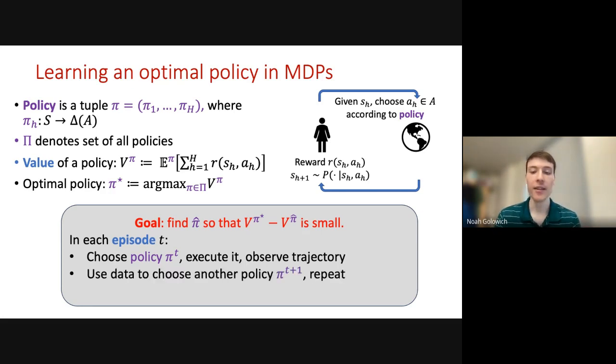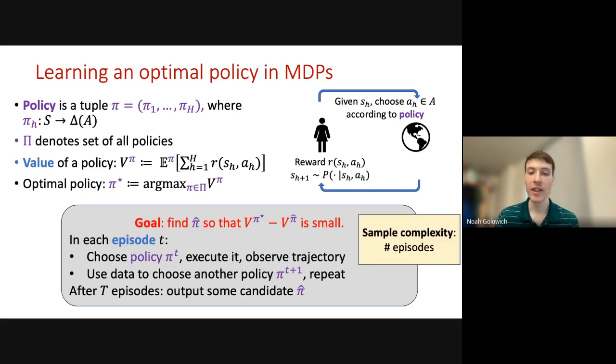It then uses this data to choose another policy pi_{t+1}, and it repeats this procedure for a total of capital T episodes, after which the agent outputs some candidate policy pi hat, whose value should be near optimal. Now we measure the sample complexity of this procedure by the number of episodes T of interaction. So I'll refer to the number of episodes as the number of samples.